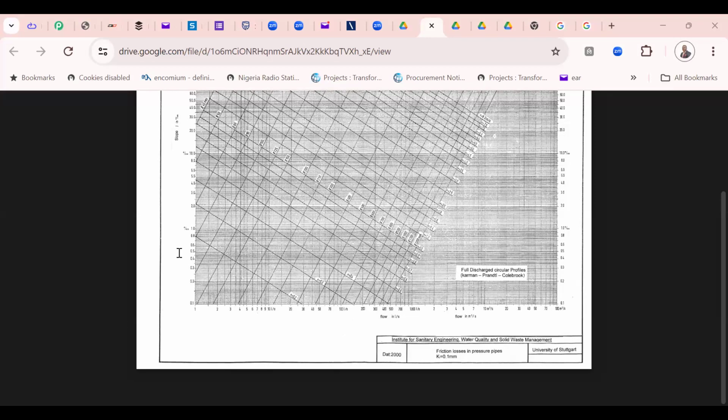Okay, the concept is that if the value you get is 1%, then the value you use here to get the same thing is 10%, 10 per 1,000. 10 per 1,000 is the same as 1 per 100. Are we together? 1 over 100 is equal to 10 over 1,000.